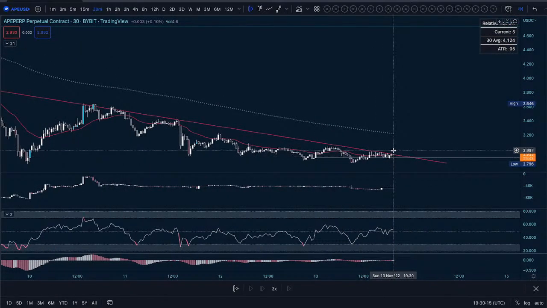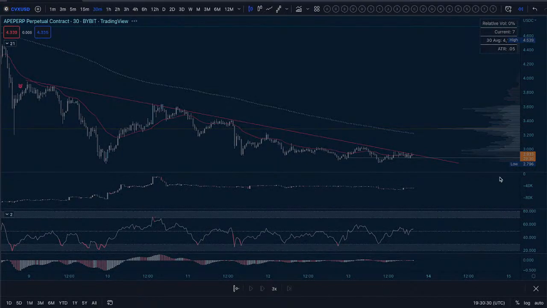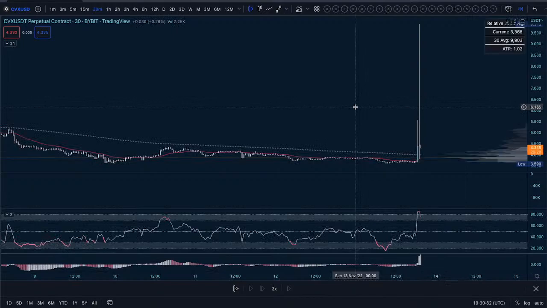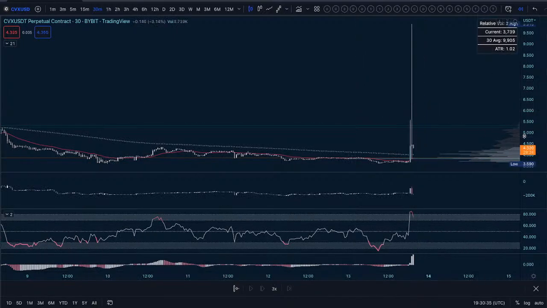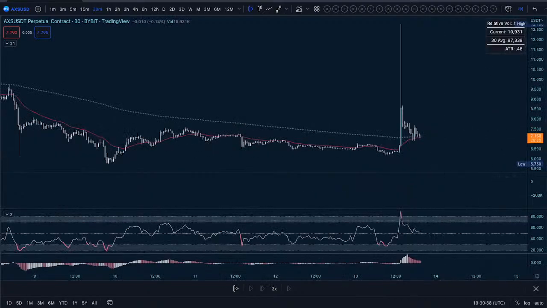I'm trying to break out. No, I'm not gonna long you. Okay, let's see what other coins are doing good jobs. C98, we said CFX. It's a pump and dump. I'm not even looking at this. AXS pump and dump.